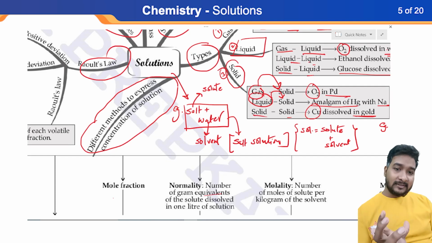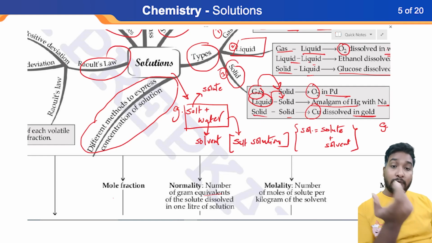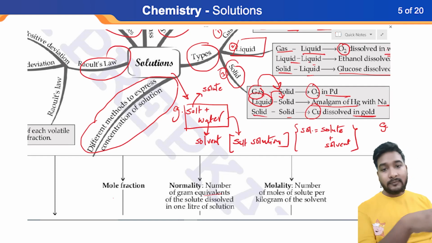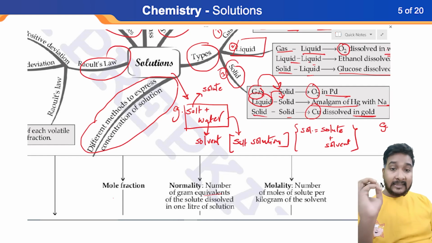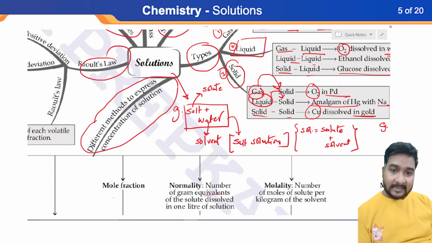So the methodology which determines, listen carefully, the quantity, or we can say moles of solute. NaCl is a solute because it is in less quantity, water is in more quantity, right? So the methodology in which we determine the quantity, or we can say weight, we can say moles in the given solution, this term or this method is called concentration of solution.